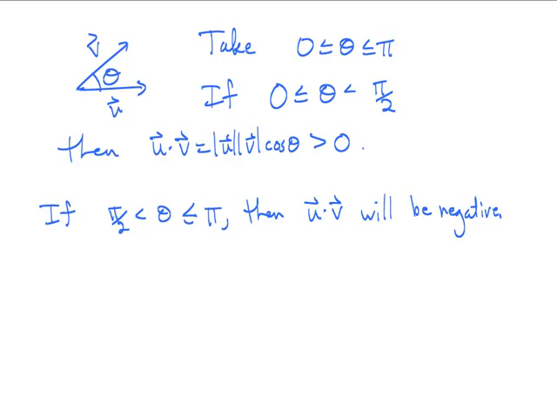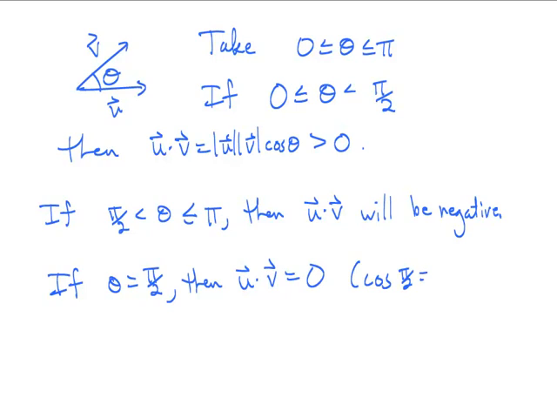All right. Now, if theta is equal to pi over 2, then u dot v, well, is going to equal 0, right? Because the cosine of pi over 2 is 0. So the dot product will be equal to 0. And that certainly makes sense.